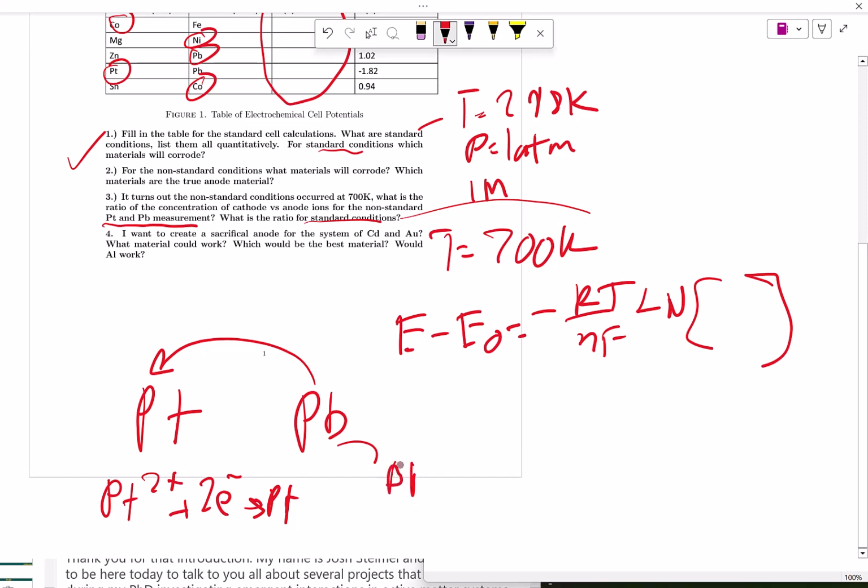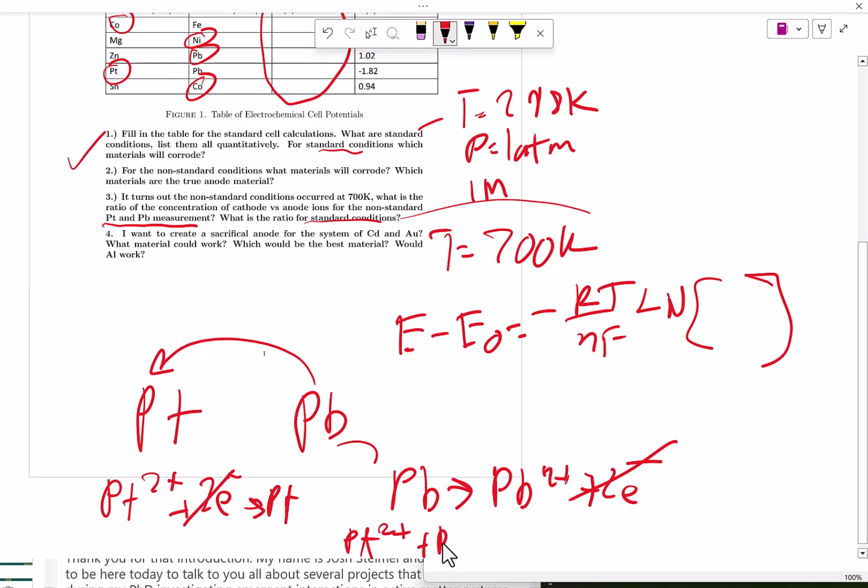Here, Pb is our reactant, and Pb goes to Pb 2 plus plus 2e minus. So our full cell reaction will be Pt 2 plus plus Pb goes to Pb 2 plus plus platinum.